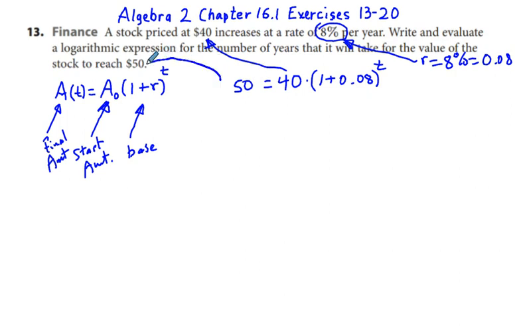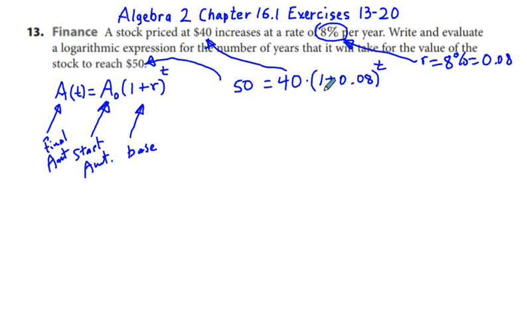So here in place are all the elements we need to solve this equation. Now, in chapter 13, we actually would solve an equation like this by graphing an exponential function and seeing where they intersect. Here we're going to solve this without a graphing calculator.